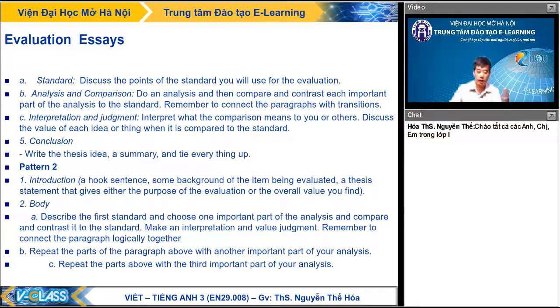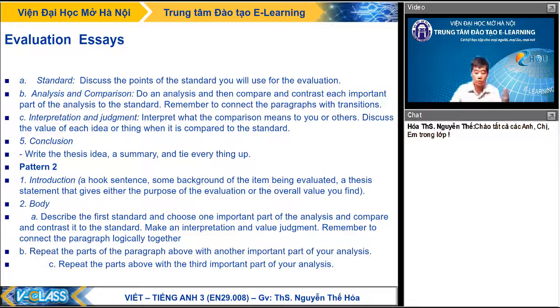In the body, you have to mention the standard and also the analysis, with some comparison and contrast. And the next thing, you may give an interpretation and some judgment. And then we move on to the conclusion.